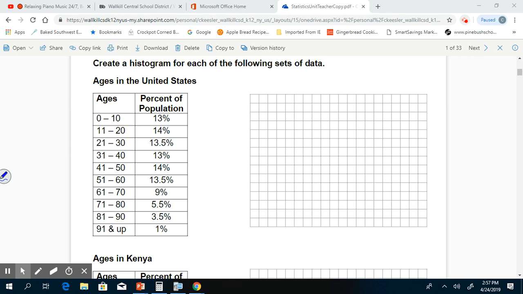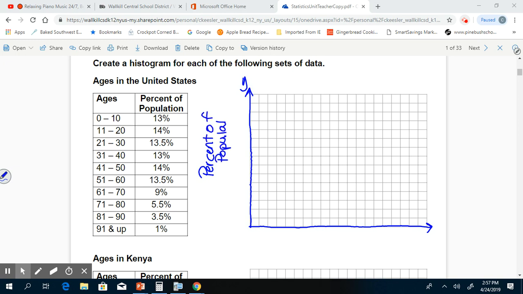So our charts aren't set up, so we're going to draw our X and Y axis. Our Y-axis in this case is going to be the percent of the population. And our X-axis is going to be the ages.